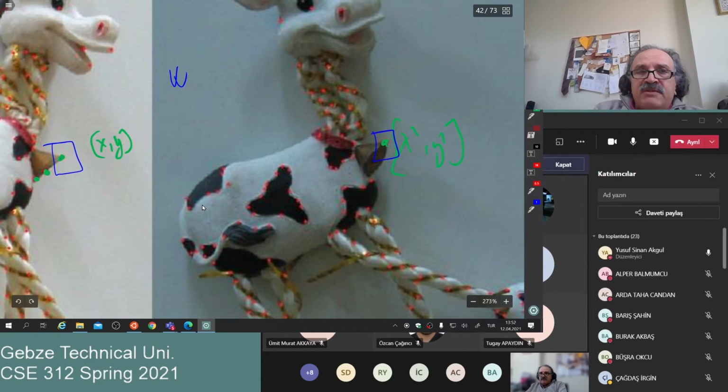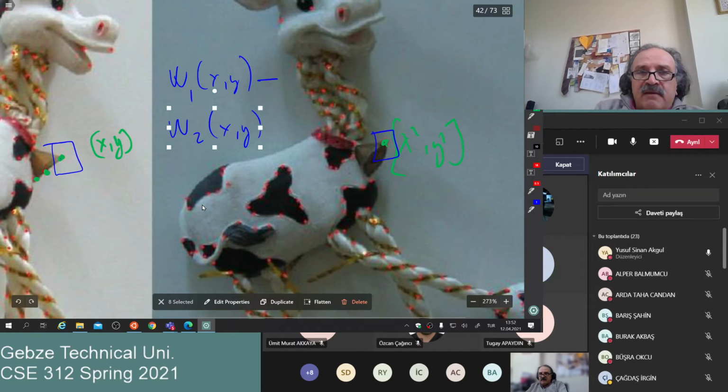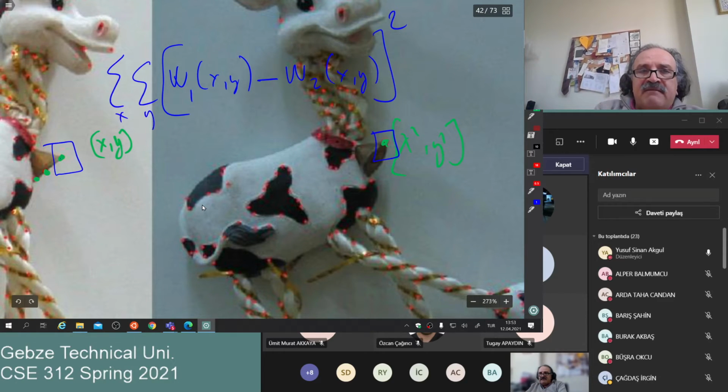So I would say W1 XY and W2 XY. So I would just take the difference between these two, move it here, and sum it over all x and y's, and if this fits, then I'm fine.